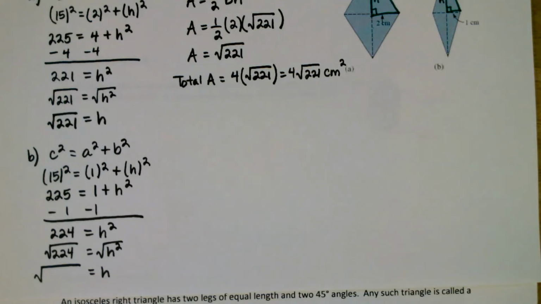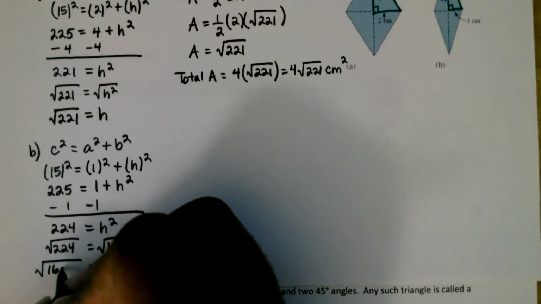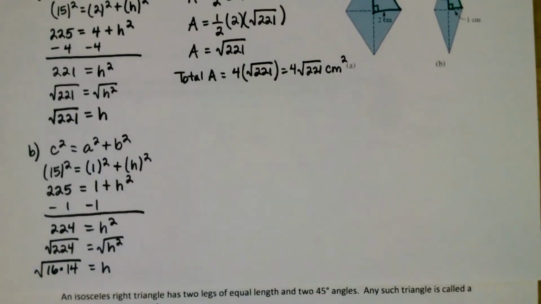And in this case here, let's see. Well, 224 is divisible by 16. Okay, so I'm going to be using 16 times. Well, 16 went into 224 14 times.